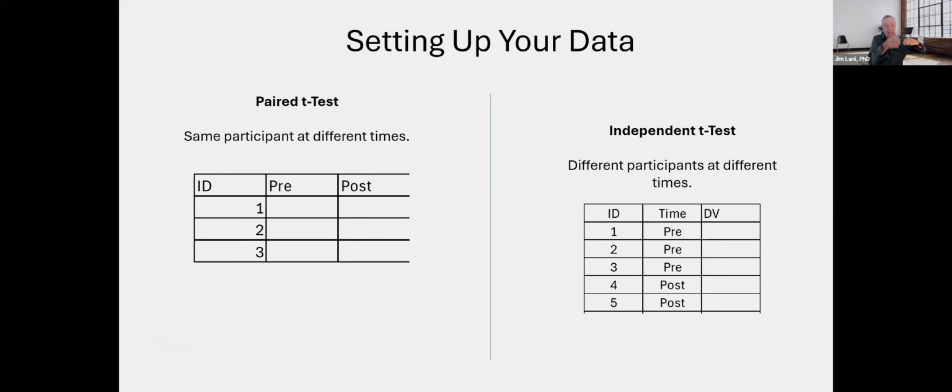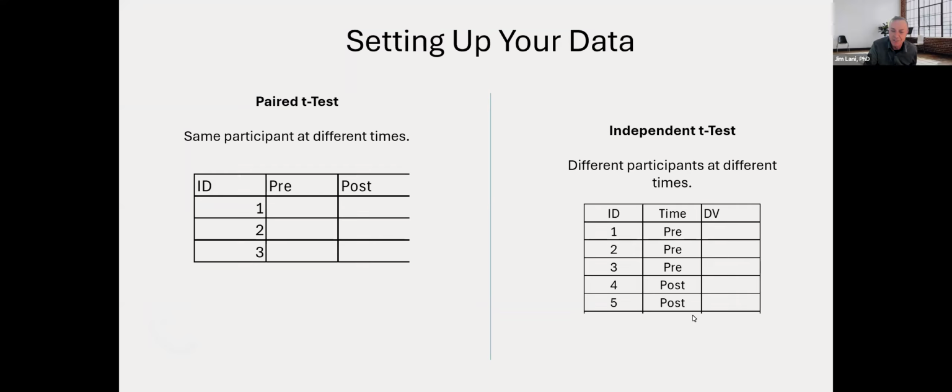So their pre-post data, or their 10 questions of pre-test, the 10 questions of post-test, any of the demographic variables, all of that's on the same exact row. And that's a pre-post, or paired sample t-test setup.